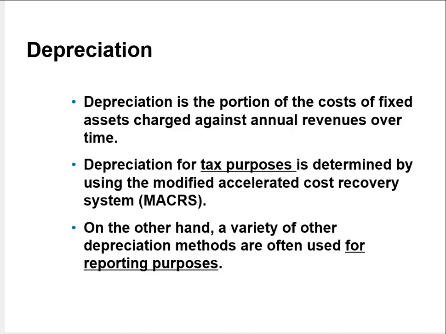If a company buys a piece of equipment or builds a building, let's say they spend $100 million on a building, they don't expense that in the year that they buy it. The reason is there is an accounting principle called matching, where you need to match the benefits of that building to the cost of the building.